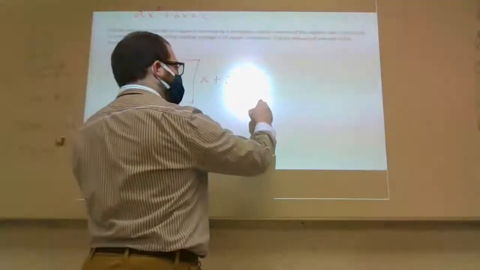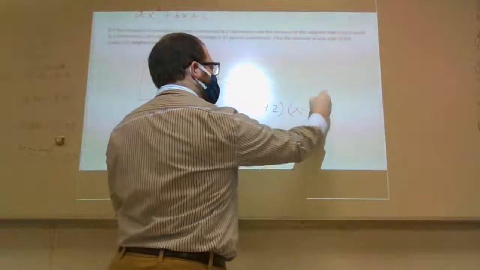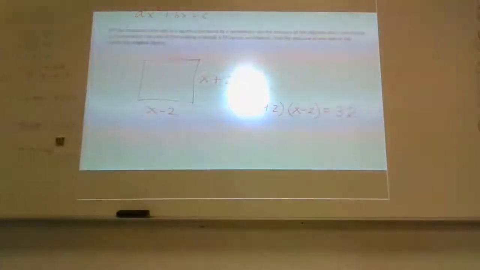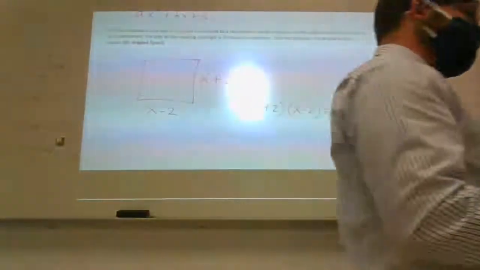So I just have to multiply x plus 2 times x minus 2 and set it equal to 32. This is the proper setup to the problem. I haven't done any of the math yet. This is just the setup to get there.